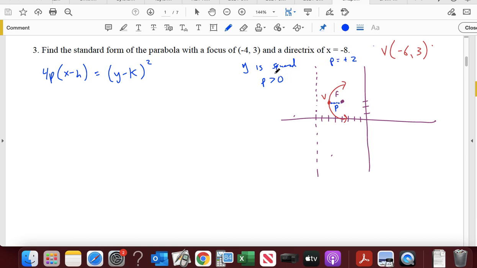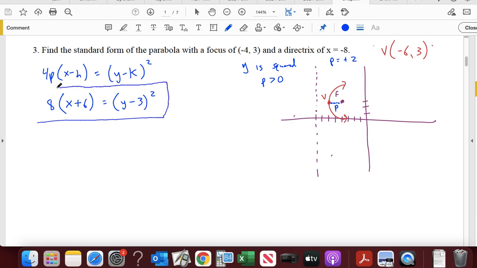So I know p is positive 2, so that's going to make this 8, 4 times 2. And then x minus h, I do x plus 6 because that's what the x-coordinate of that vertex was. And then I got (y − 3)². And there we go. So there's the standard form of the parabola with a focus of (−4, 3) and a directrix of x equals −8.